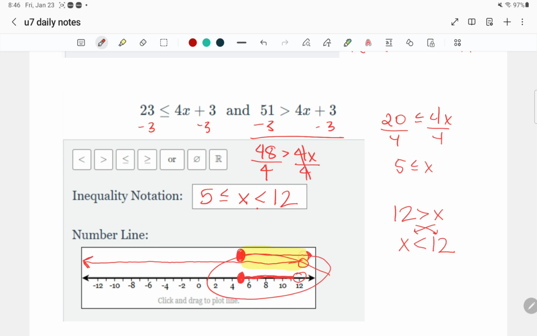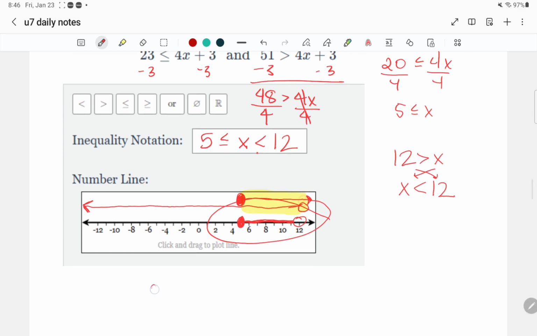Your inequality notation needs to also be one thing, but it's like a sandwiched inequality. You've got numbers on both sides. So it's smaller number, less than x, less than bigger number. If you always put the smaller number first, you always have less than. So that is what that inequality notation looks like, and that's what the graph looks like.